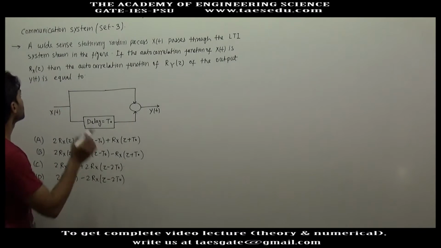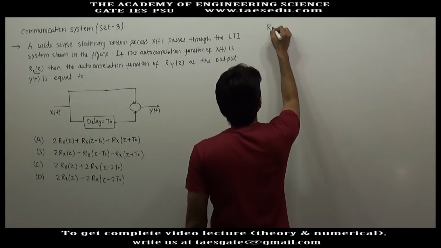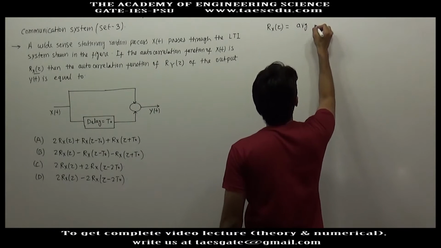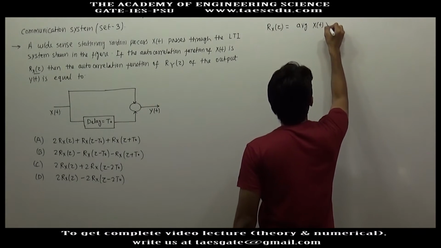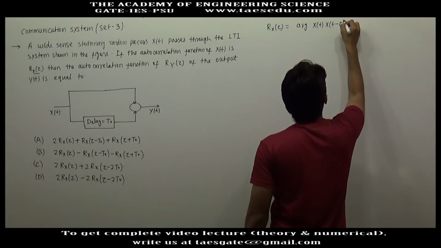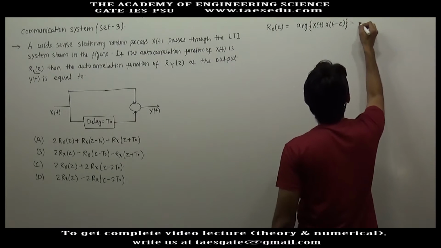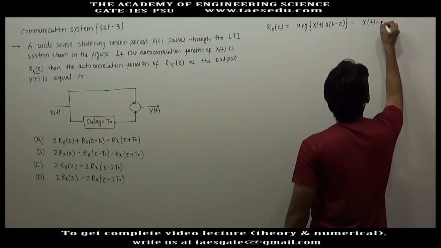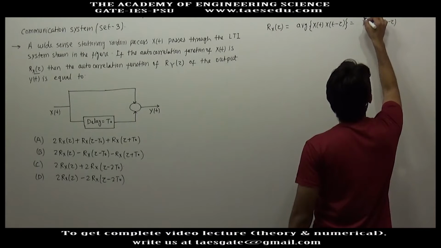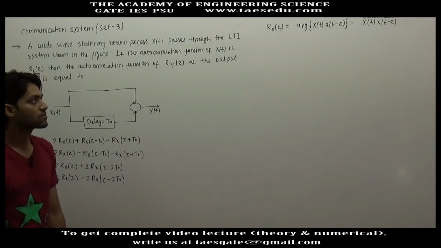Autocorrelation function of xt is represented as Rx. So Rx tau is nothing but the average of xt into xt minus tau, or average of xt minus tau into xt. And yt is given in terms of xt.